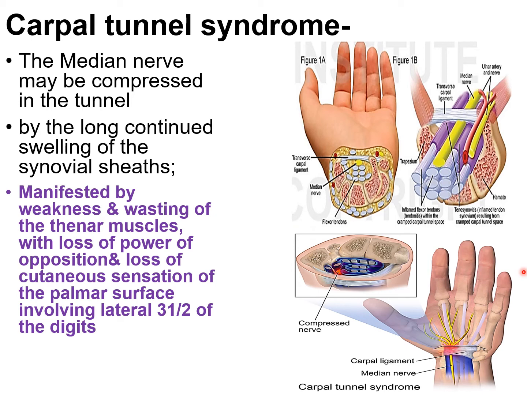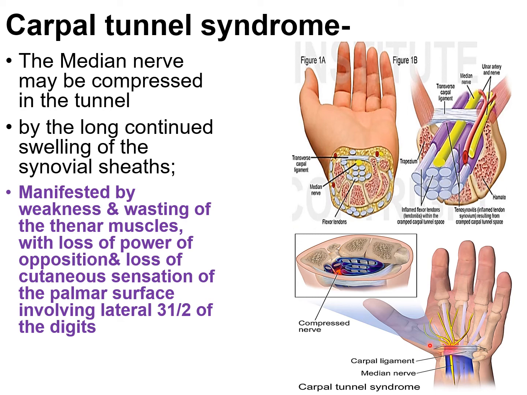The carpal tunnel syndrome usually occurs in females between the age of 40 to 70, and they complain of intermittent attack of pain in the distribution of median nerve on one or both sides. The attack frequently occurs at night and the pain may be referred proximally to forearm and arm.